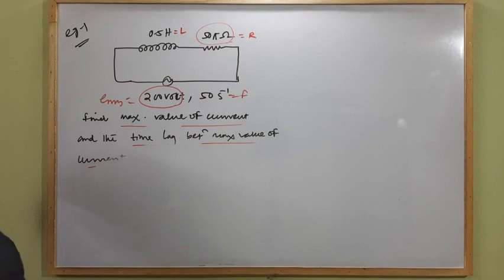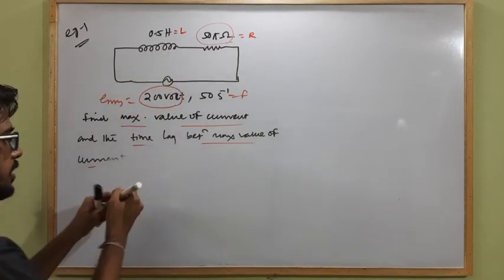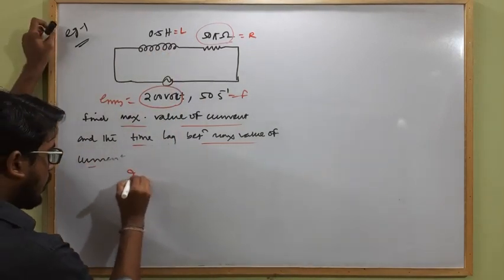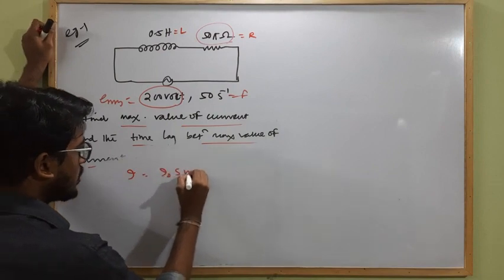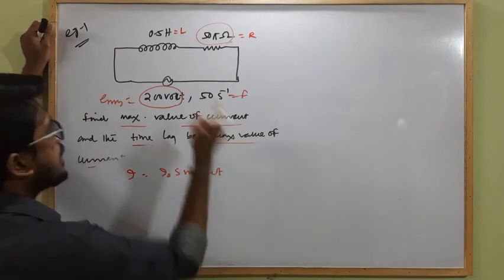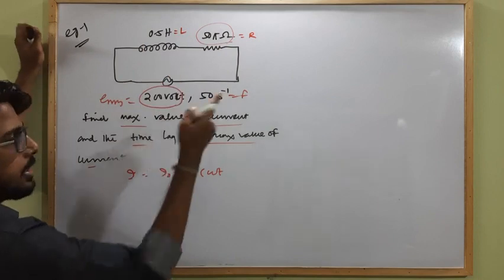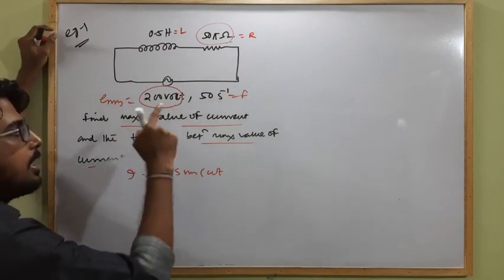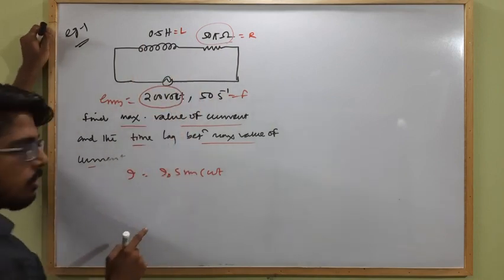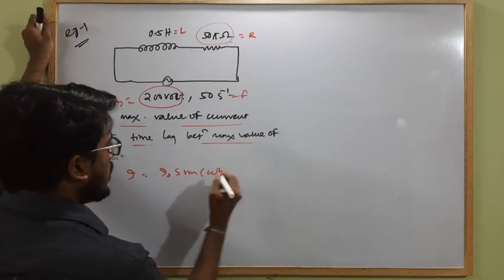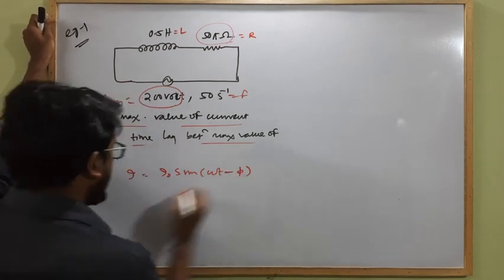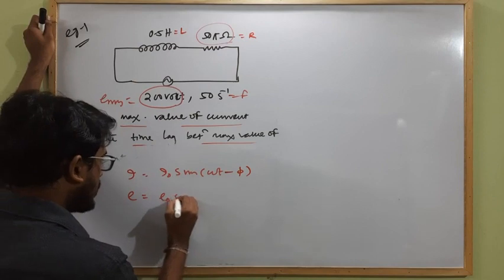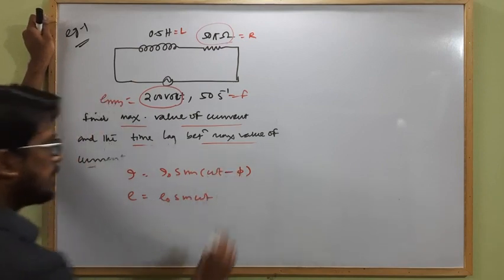So at any instant of time for an LR circuit, what is the expression for current? Current will be equal to I naught sin omega t. If this is an LR circuit, EMF leads the current, so it will be I naught sin (omega t minus phi), and E equal to E naught sin omega t.